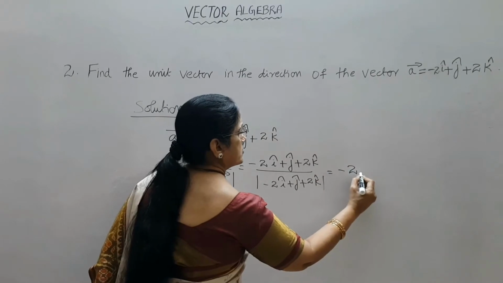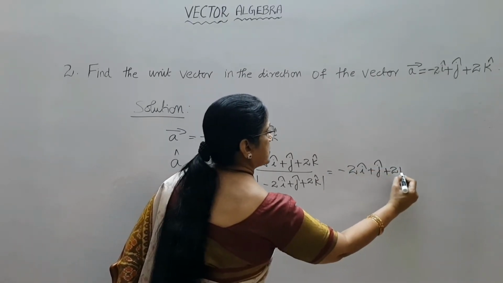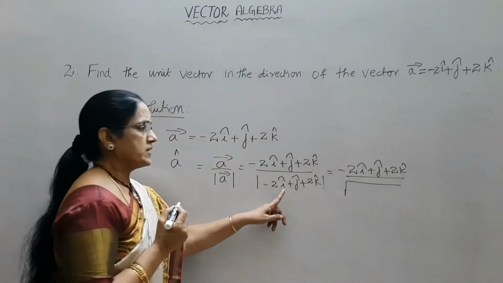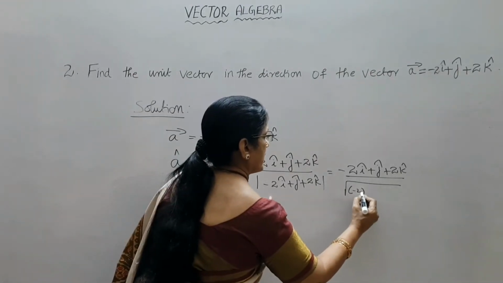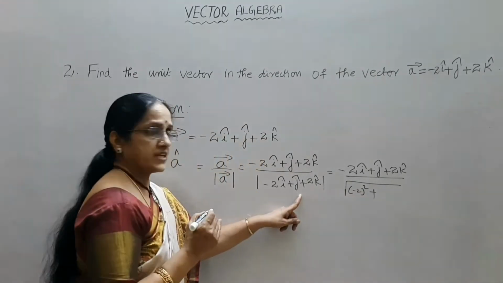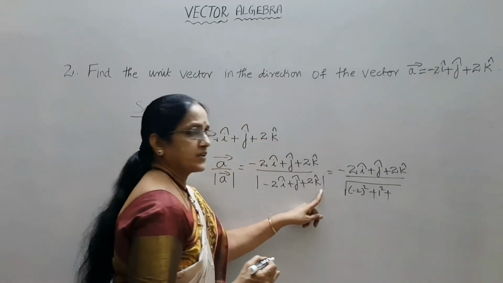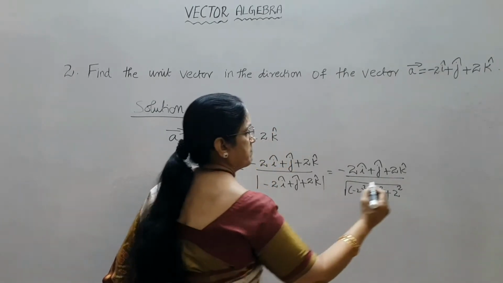Which is nothing but minus 2 i cap plus j cap plus 2k cap by square root of coefficient of i cap is minus 2. So minus 2 the whole square plus coefficient of j cap is 1. So 1 square plus coefficient of k cap is 2. So 2 square. So let me simplify this.